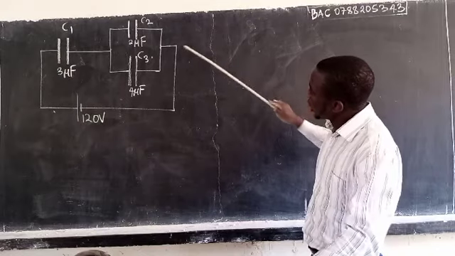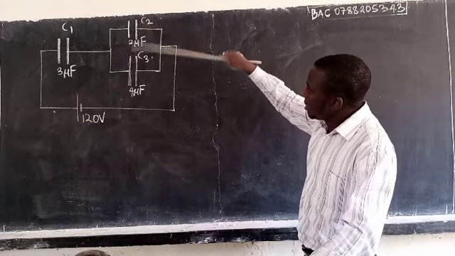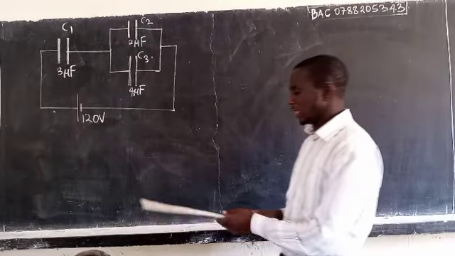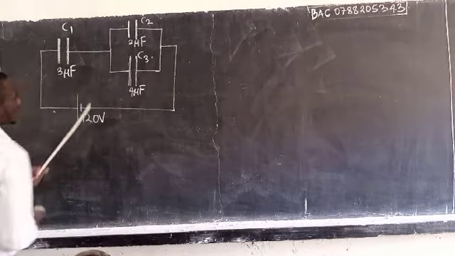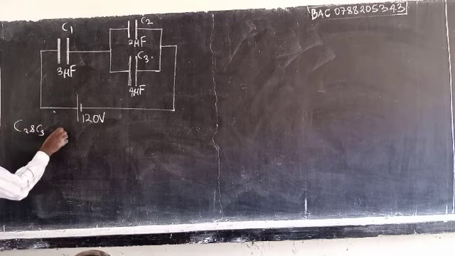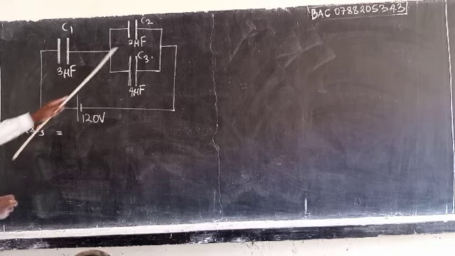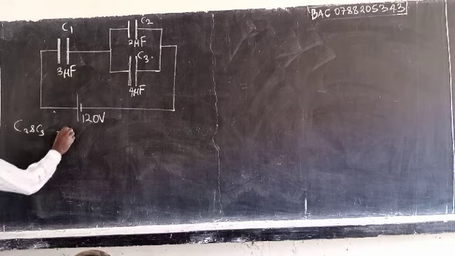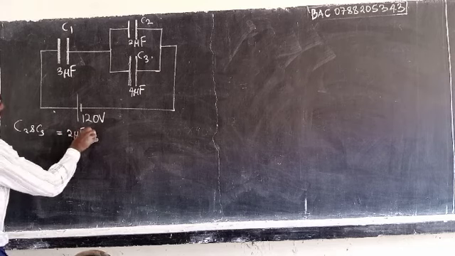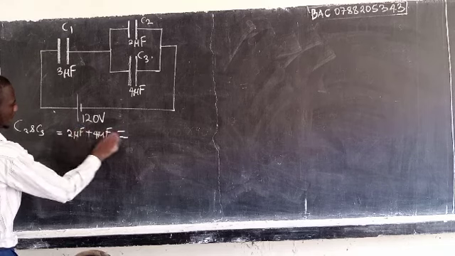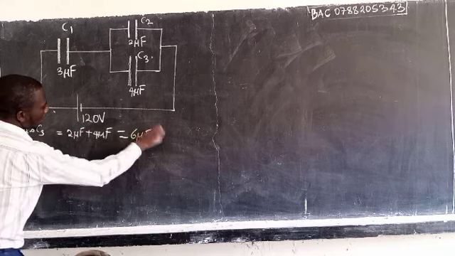You see that C2 and C3 are in parallel arrangement, meaning C2 and C3 will give us the effective capacitance of this. Since they are in parallel, we sum up. So you shall have 2 microfarads, then we add 4 microfarads, and this will give us 6 microfarads.